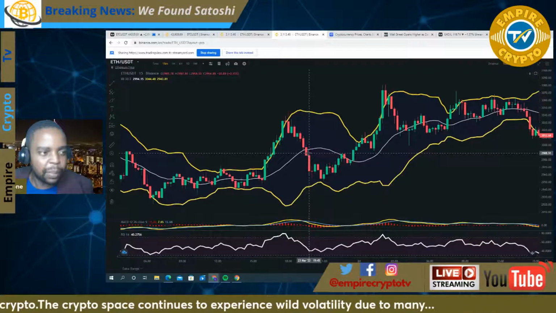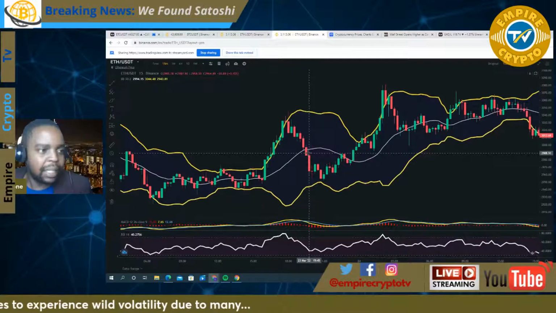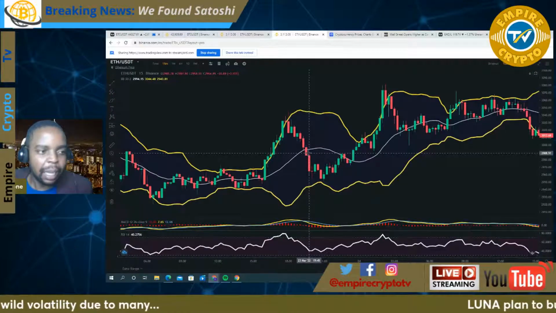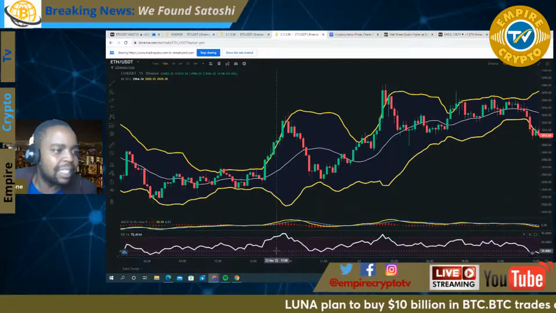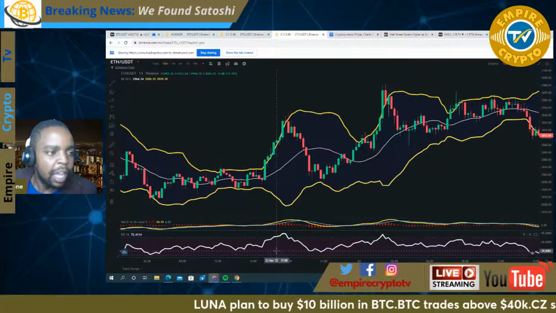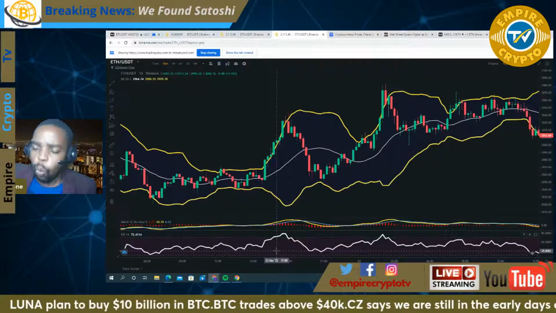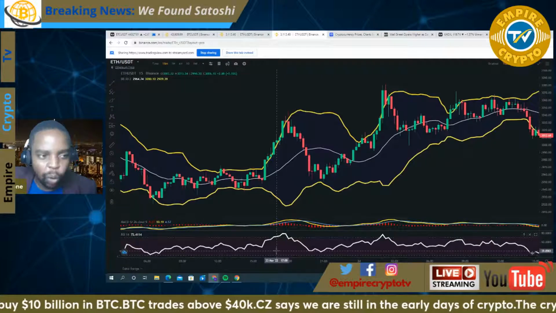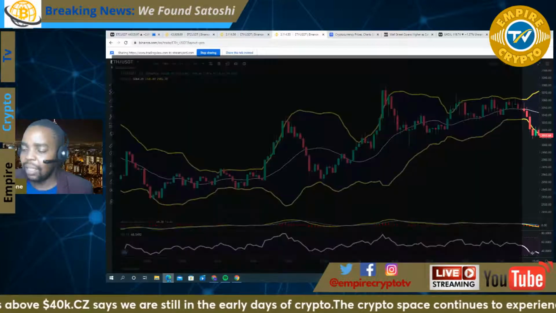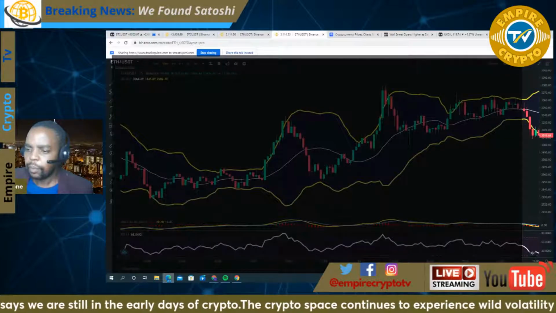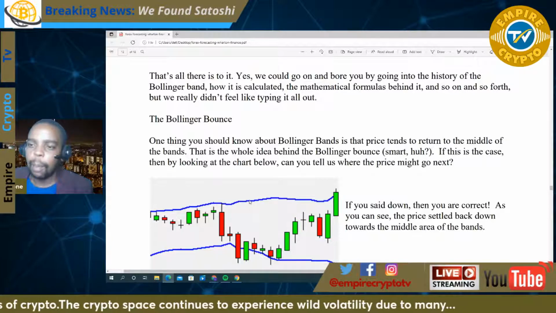But now there is an extra weight that is added to the Bollinger Bands, and how to predict the market when using them. This is the basic part, where I'm showing you whether the market is loud or quiet. Let us see further what we can learn about this indicator. There's also an element called the Bollinger Bounce.